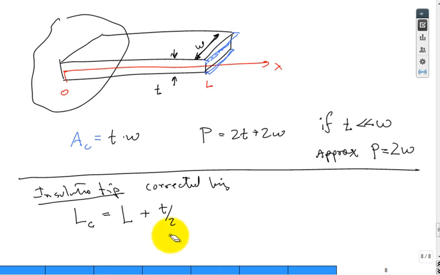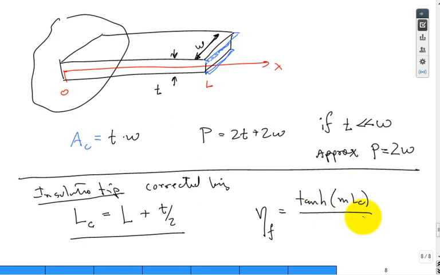Why isn't it t? Well, you cut it and you flip half of it up and half of it down. And so this is an equation for corrected length. And so a lot of times you'll see, oh, the fin efficiency is the hyperbolic tangent of mL sub c divided by mL sub c.